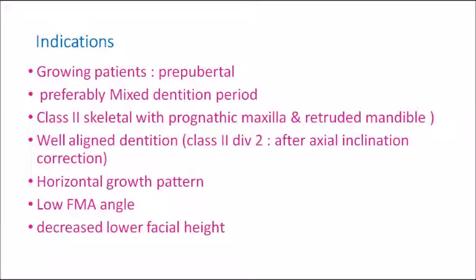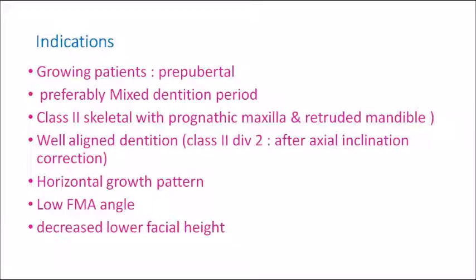Now there are certain skeletal parameters which are equally important in giving a myofunctional appliance. The first one is that the person should be exhibiting a horizontal growth pattern with a low FMA angle and decreased lower facial height. So a horizontal growth pattern with low FMA angle and decreased lower facial height are ideal candidates for myofunctional appliances, obviously if they are in their growing stage.